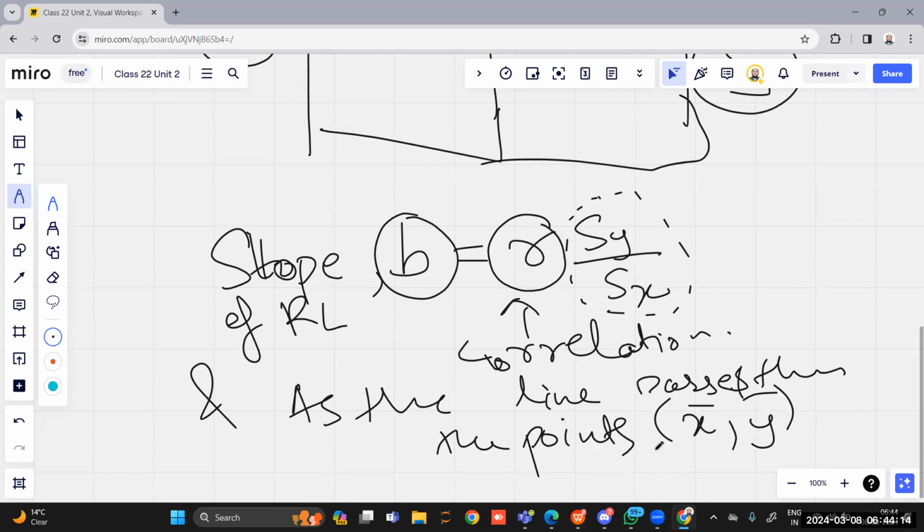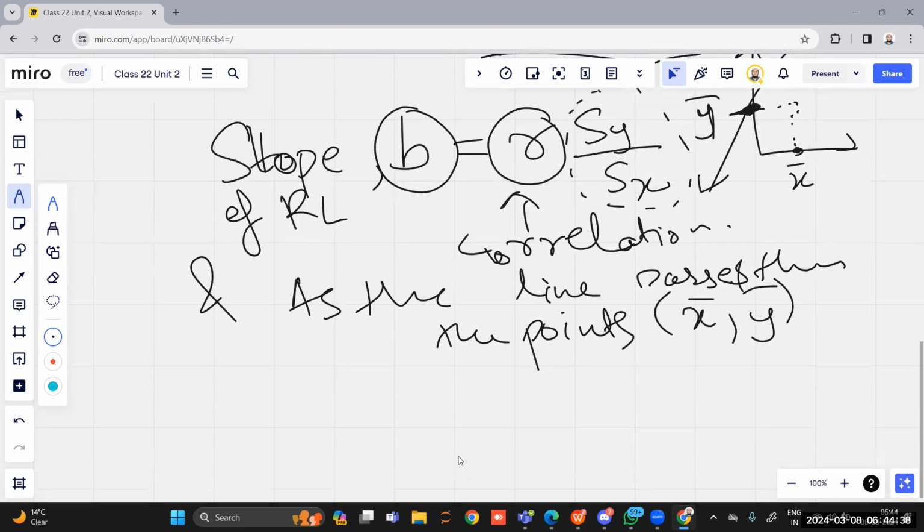These are the means, and this point is on the regression line. There will be a point y bar somewhere here and x bar somewhere here, so the line passes through x bar comma y bar like this. So our y-intercept will be y bar.